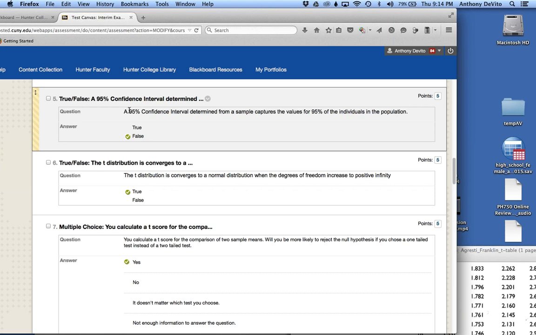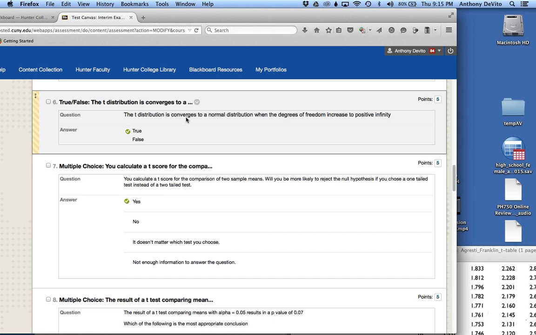In other words, 95% of the sample means if we took repeated samples of that size, or more correctly, 95% certainty that the real mean is between those two values. Depending on the sample size, that's a narrower range than 95% of the individuals, and for a large sample size, a much narrower range. So that's false.